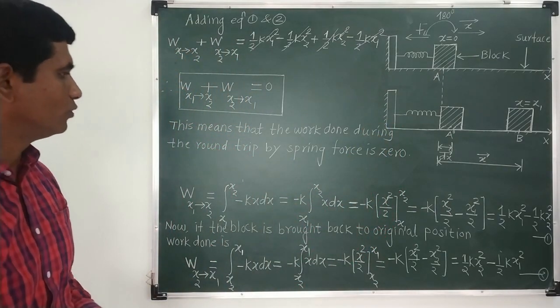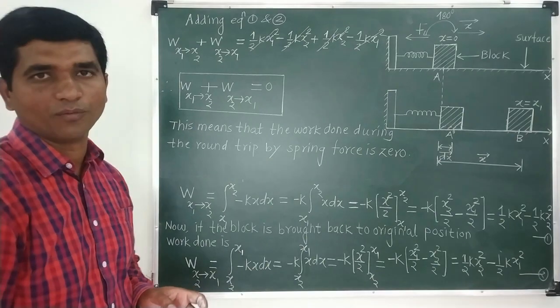Work done by a spring force around the trip is 0.